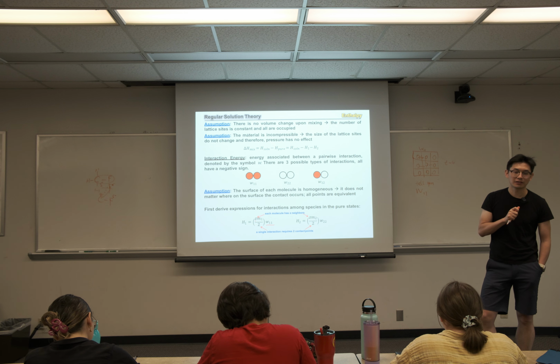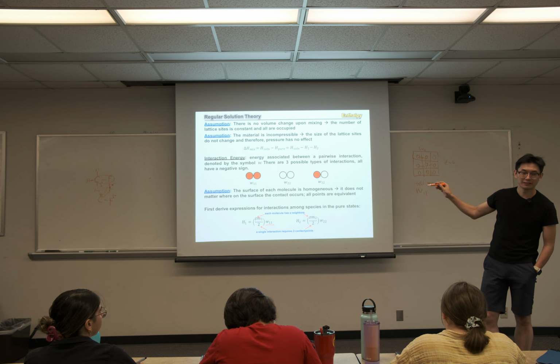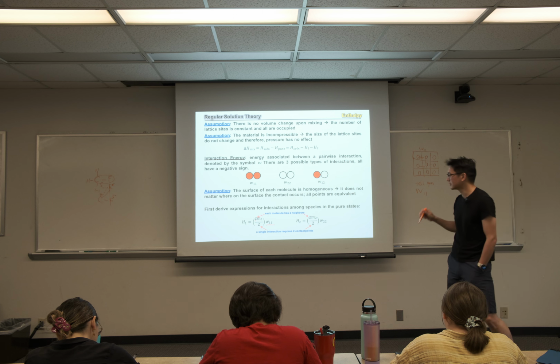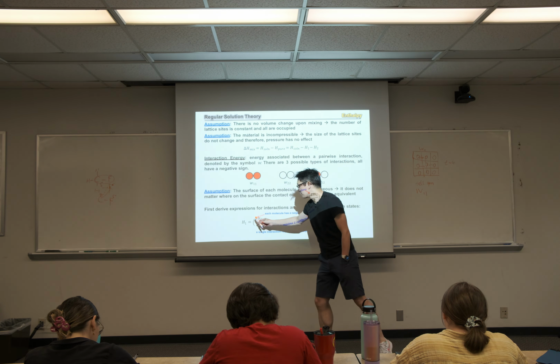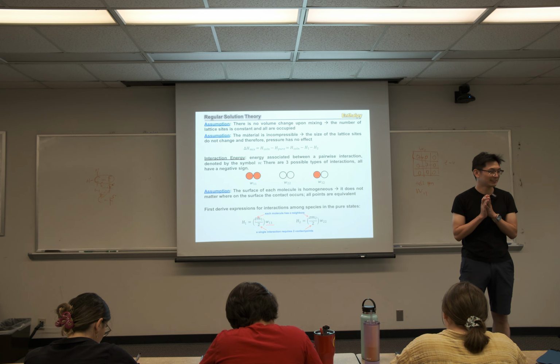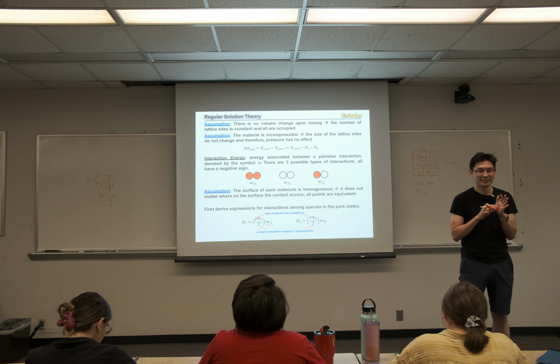For example, if we have 1 mole of red beads, this will be 6 times 10 to the power of 23. And Z is the number of sites. So why? Because it only interacts with its next neighbor?